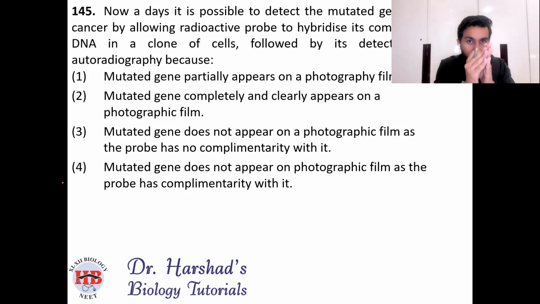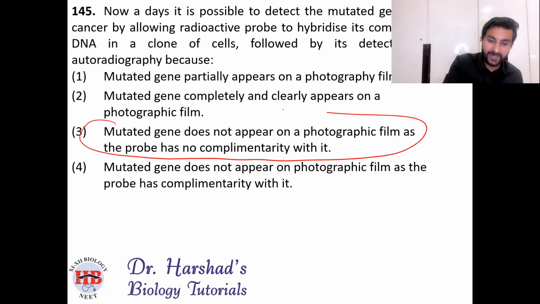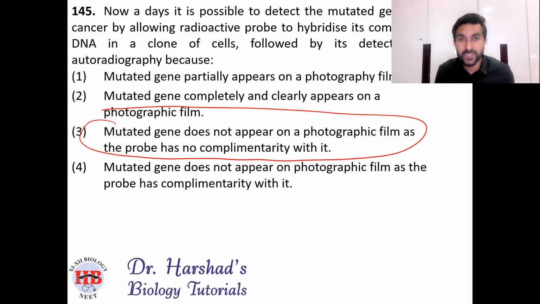If it's no longer complementary, you can't see it in the photographic film because the probe DNA is complementary to the normal gene, not to the mutated gene. If you go by that explanation, you would find this is the answer which correctly describes it, because it says the mutated gene will not be seen in the photographic film because the probe DNA does not bind it. If you remember, probe DNA was the DNA which was single-stranded, radioactive, and complementary to the normal gene, not to the mutated gene. Our answer in this case would be option number 3.